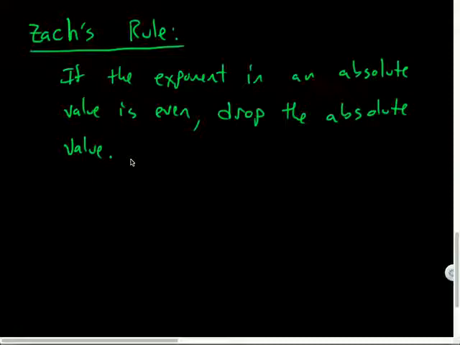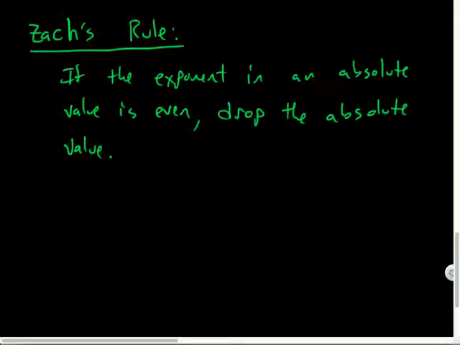So Zach's rule is all about getting rid of absolute value. Aaron's rule is about making absolute value show up. Okay? So apply Aaron's rule first, and then figure out if Zach's rule applies after the fact. Don't try to apply them at the same time.